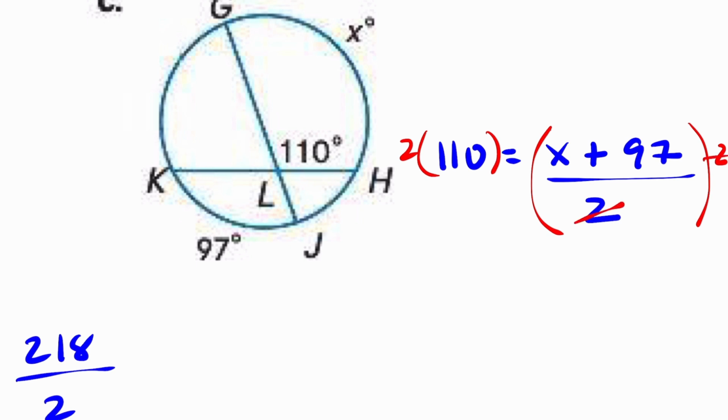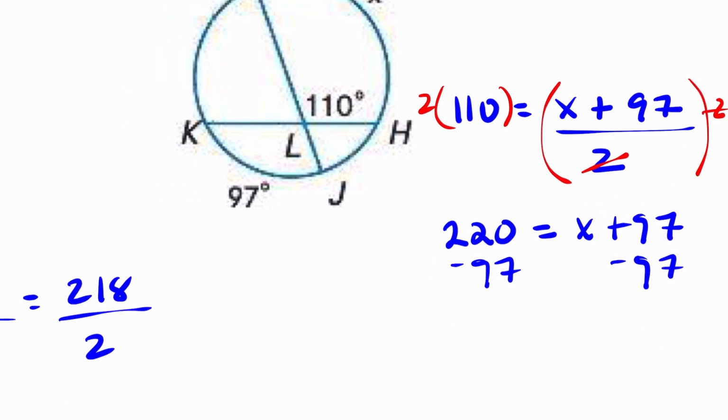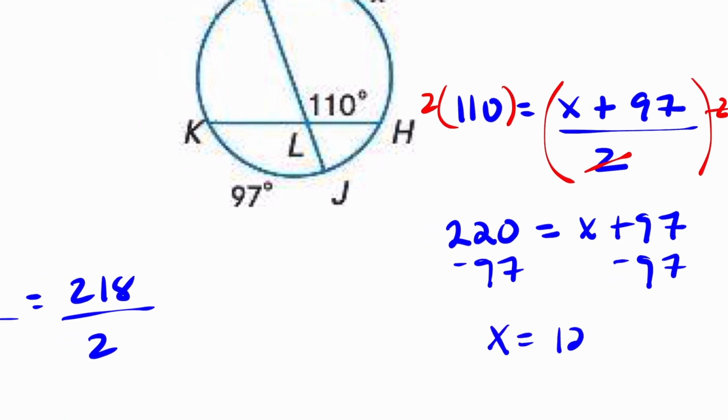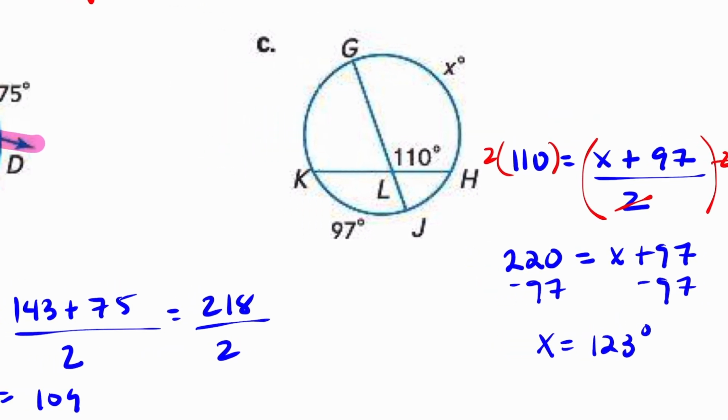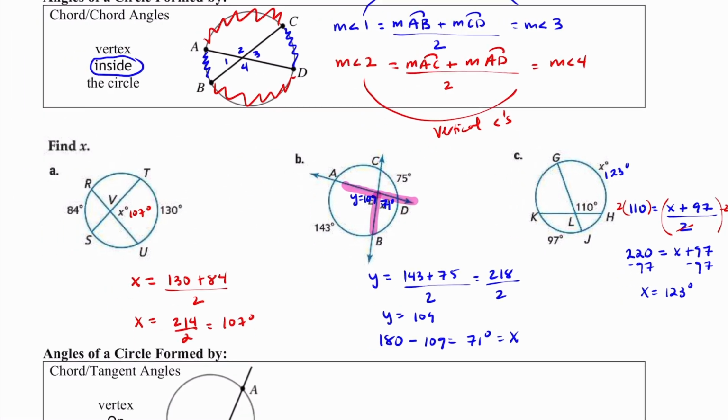I have 2 times 110, that's 220, equals x plus 97. I'm going to subtract both sides by 97, so x is 123 degrees. So this arc is 123 degrees. All right, there you go. That's A, B, and C.